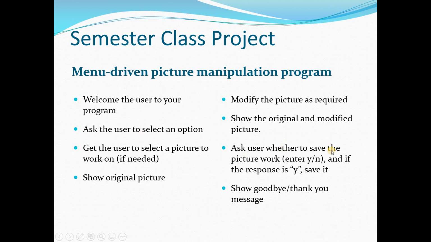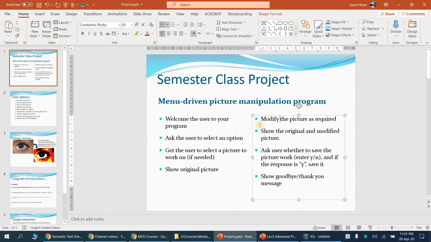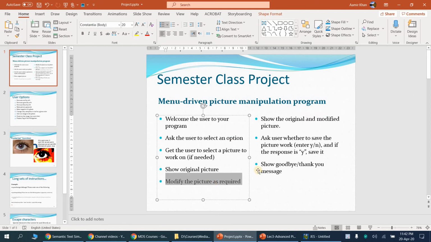The modification will be done according to the requirement of the option. And then you will ask the user if they want to save the picture, yes or no. If the user asks to save, then you will save it. Else, if the user says no, then you will say goodbye. There is one more thing missing here. I think I should move this option here.